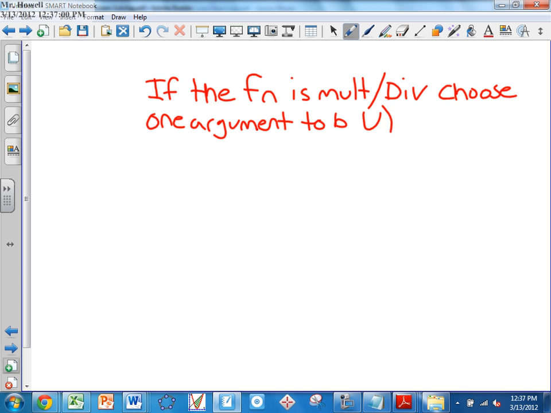The u goes in quotes, not parentheses. There you go. Choose one argument to be u.